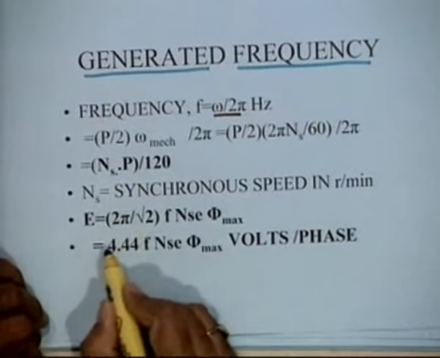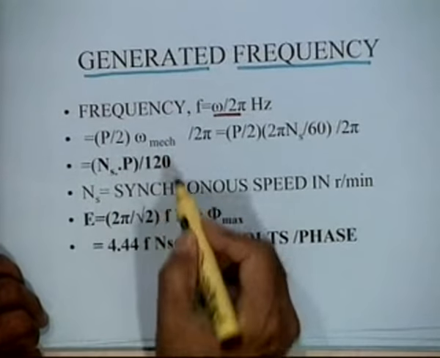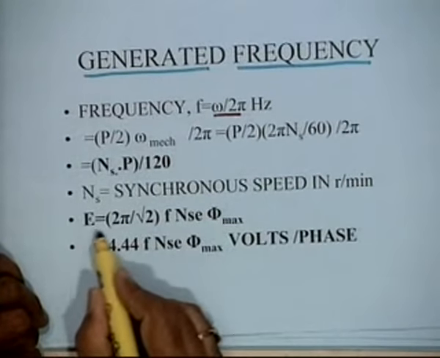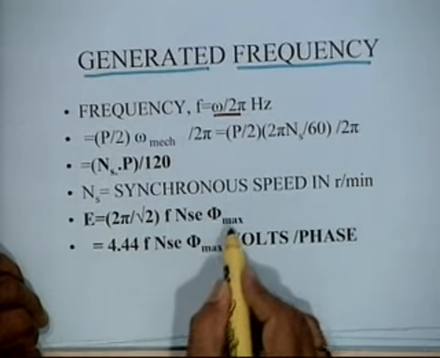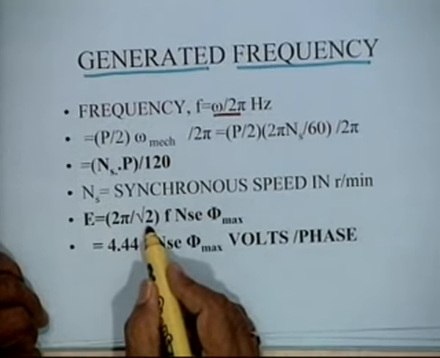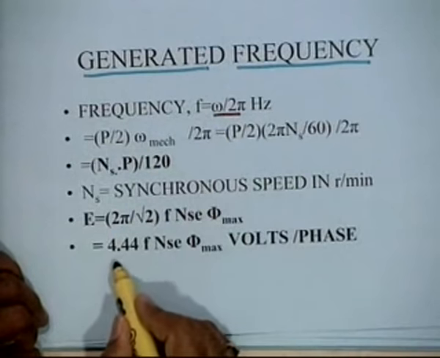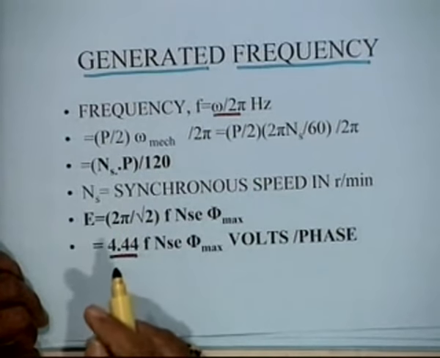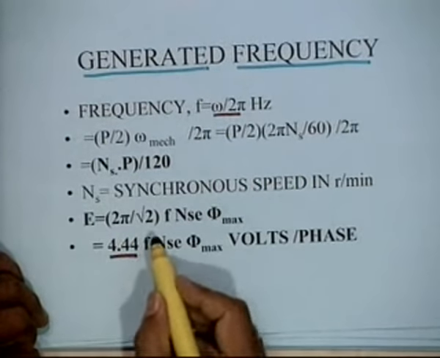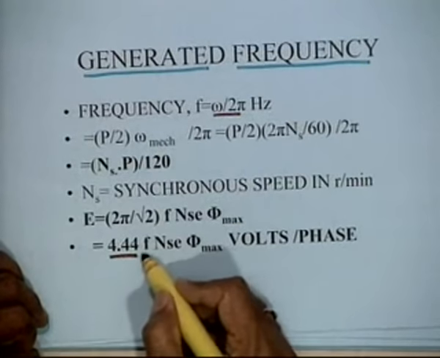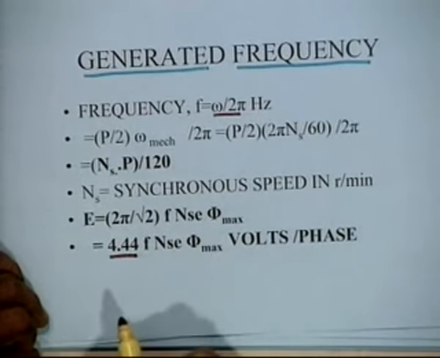So we have seen what is the voltage and what is the frequency. Voltage is 2π by root 2 f into N_SE φ_max, and 2π by root 2 is nothing but 4.44. It is a standard expression, 4.44 f N_SE φ_max.